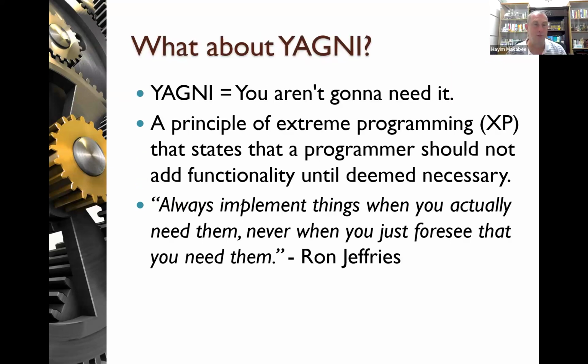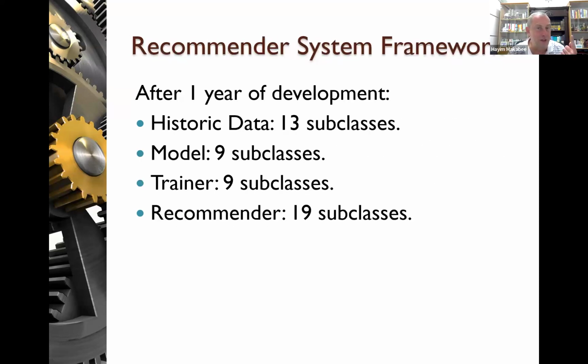Okay, so you see, this is after 1 year of work. This is amazing. And then what is the recommender system? I choose one class here, another class here, another class here, another class here, and then I build it like Lego at runtime.